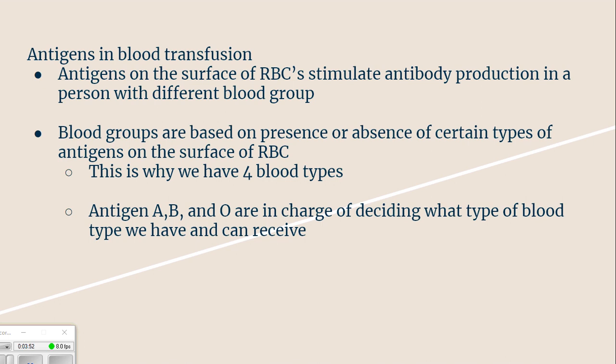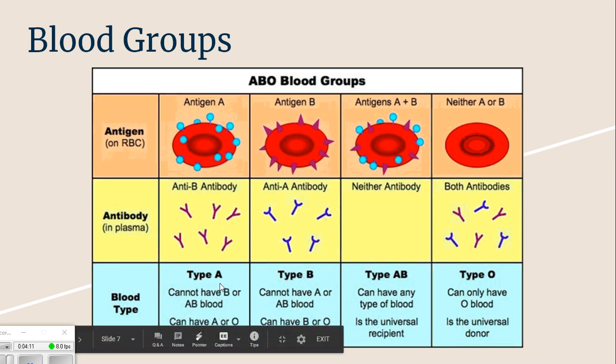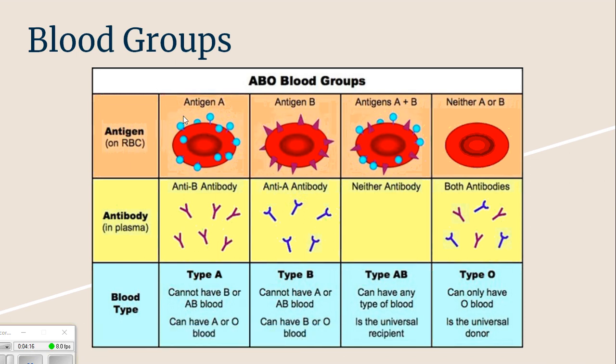But it's basically the antigen A and B that are in charge of deciding what blood type we have and what we can receive. So this diagram here just goes through the different ABO blood groups. So if you only have antigen A on the surface of your red blood cell, you have blood type A. Now, if this particular blood type were to be transferred into somebody who is blood type B, they would recognize this as foreign.